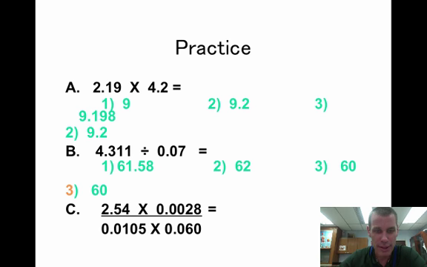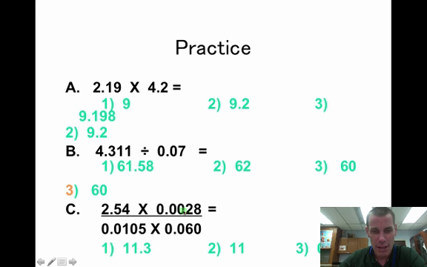Oh, look at this monster. 2.54 times 0.0028 times 0.0105 times 0.060. 3 choices. Okay, I type it in the calculator, I get 11.3, I believe, I hope.